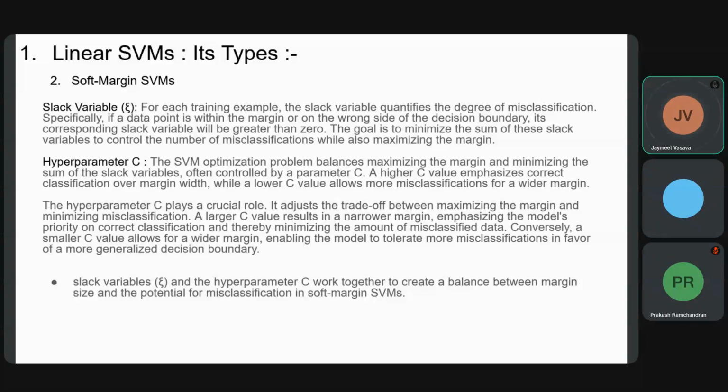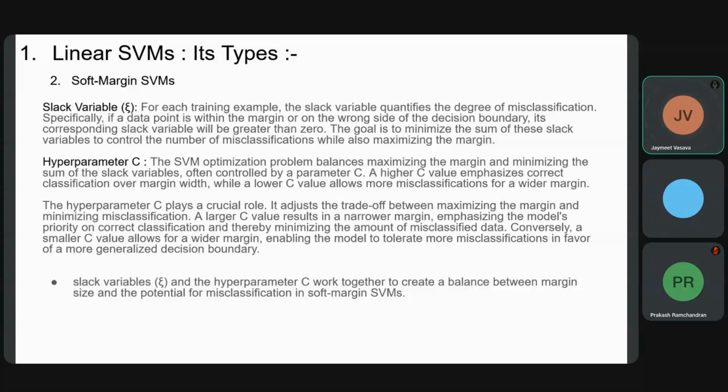So the value of C plays a vital role, and there is a trade-off between maximizing the margin and minimizing the misclassification. A larger C value results in a narrower margin, emphasizing the model's priority on correct classification and minimizing the amount of misclassified data. On the other hand, a smaller value of C allows a wider margin, enabling the model to tolerate more misclassification in favor of a more generalized decision boundary.